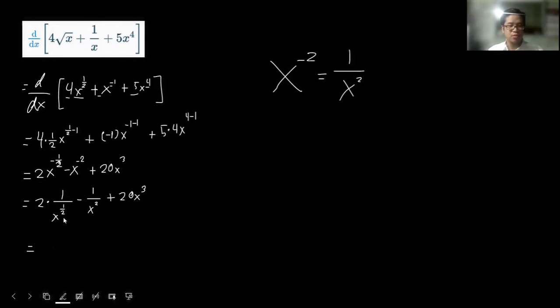And again, whenever we have an exponent, let's just say 1 over 2, this means that this is a square root. So I will further simplify this one as square root of x minus 1 over x squared plus 20x cubed. There we go. All right, this is the final answer.